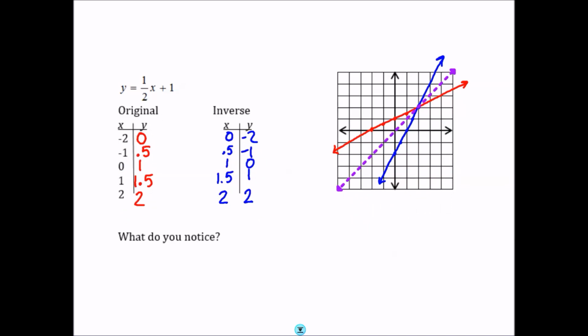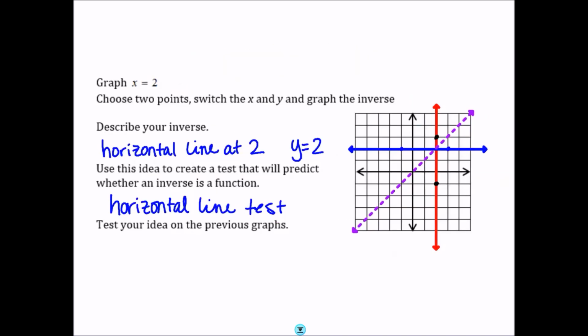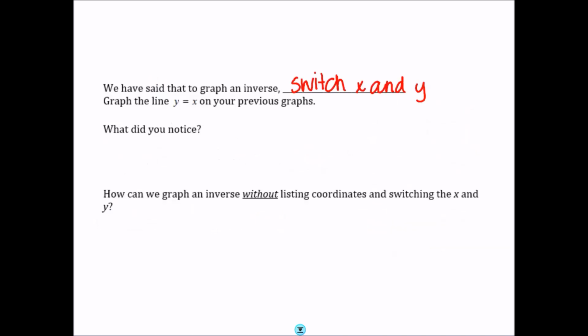All of the lines intersect at the point 2, 2, and the purple line seems to go right in the middle of the blue line and the red line. Same thing here. All of the lines meet at the point 2, 2, and the purple line cuts the red line and the blue line in half, or goes through the middle of the two graphs.